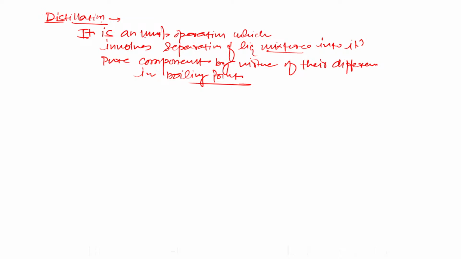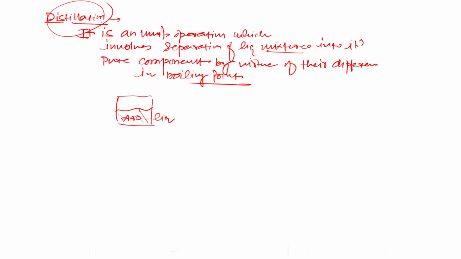It means suppose you have a liquid mixture of A plus B, a binary mixture, and we want to separate A from B. They are soluble liquids.